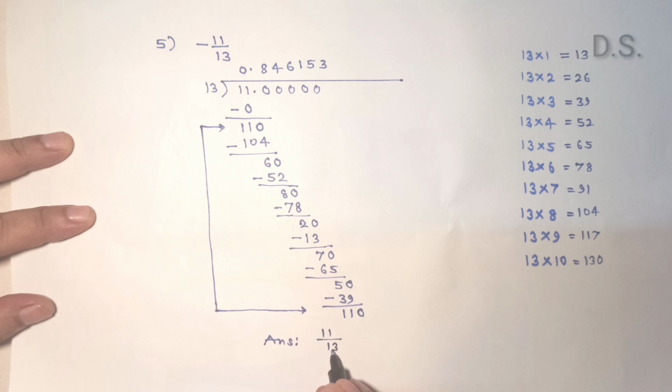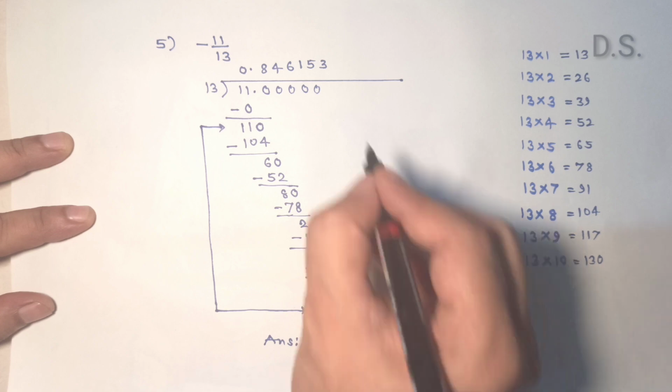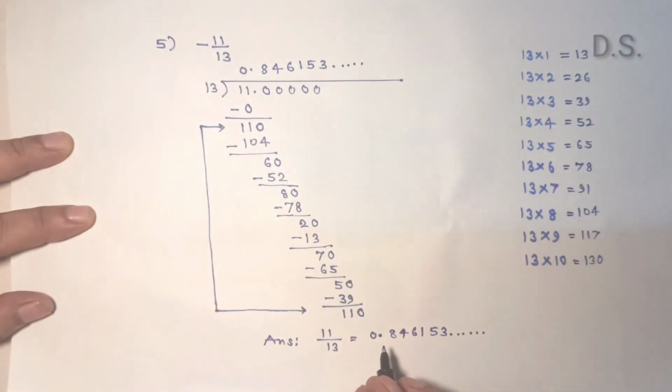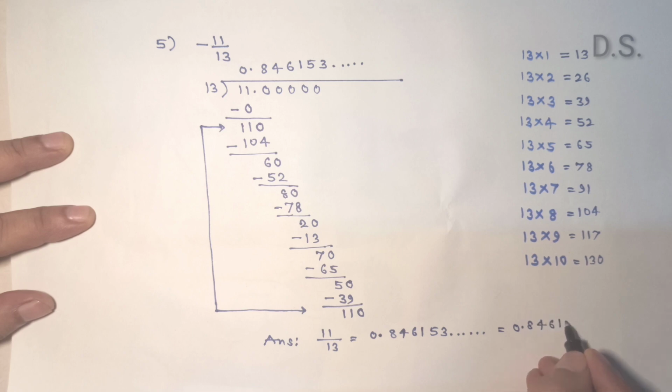That means your answer is: 11 upon 13 is 0.846153..., which will be equal to 0.846153 bar.